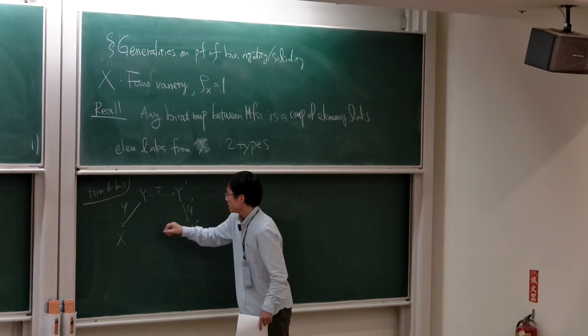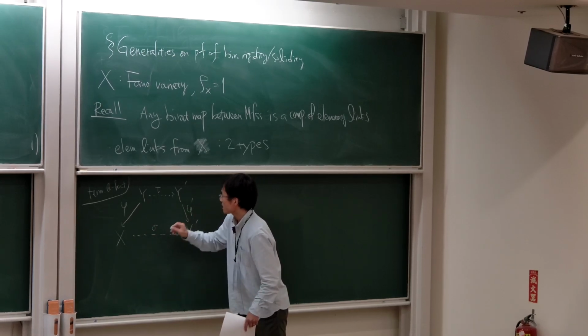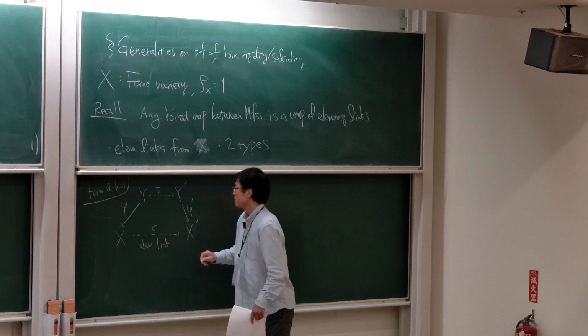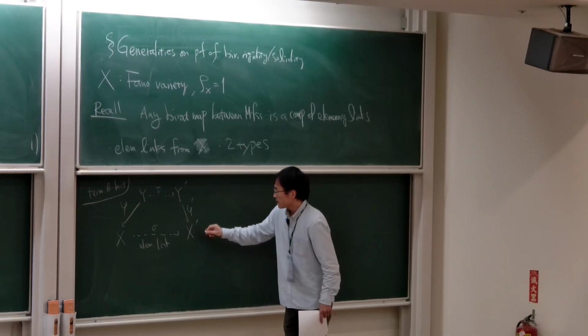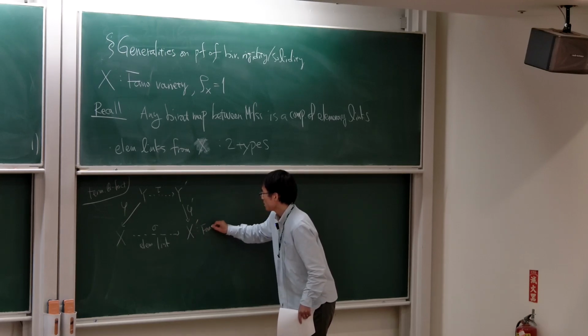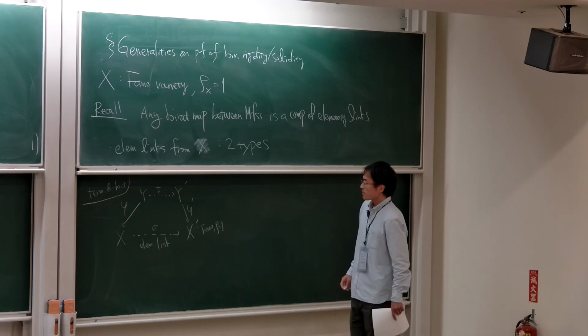So this one is an elementary link of one type. In this case, this model is Fano of Picard rank 1.